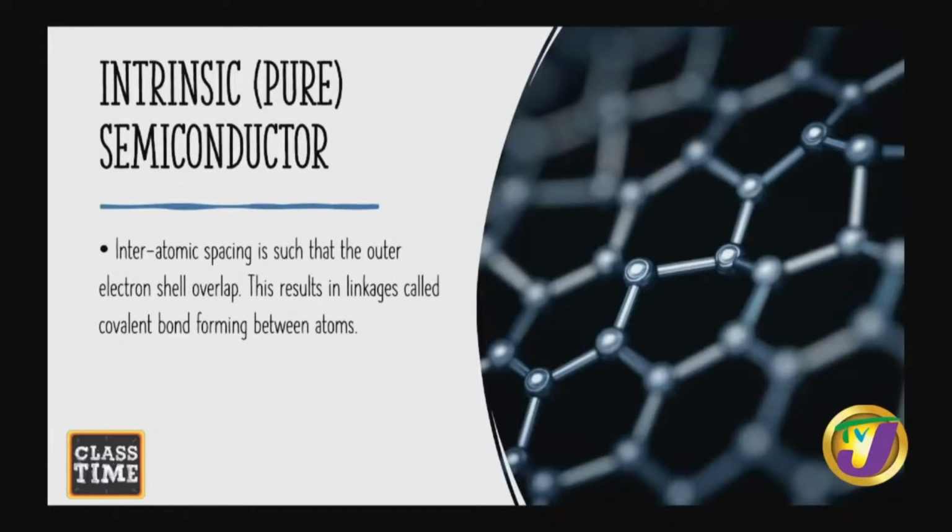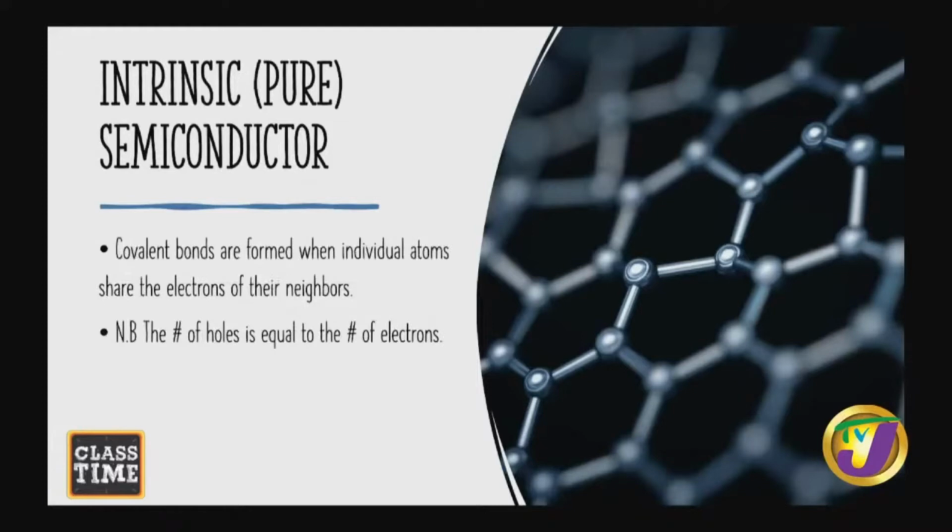We want you to be able to retain the information. So we'd like you to be able to draw the crystal lattice structure, and we're going to have a discussion as to how we come up with the N-type and how we come up with the P-type semiconductor material. But let us focus a little on our first, which is the intrinsic semiconductor.